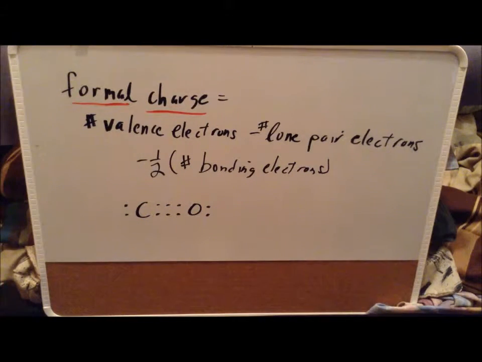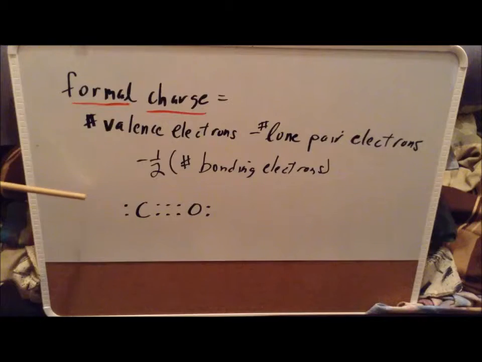So let's compute the formal charge for each of the atoms in carbon monoxide as a free gas. Well, we have 2 lone pair electrons here. We have 6 bonding electrons, so 1/2 of 6 is 3. To compute the formal charge, we start with the number of valence electrons for carbon, which is 4.